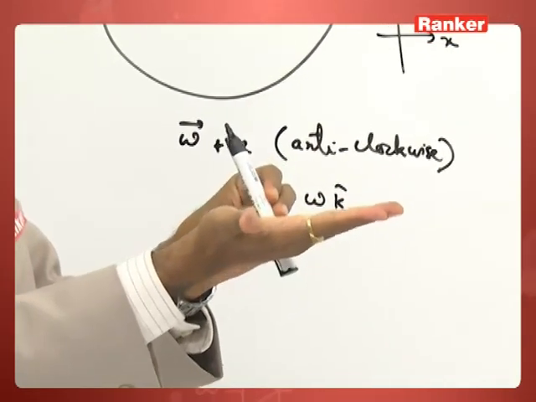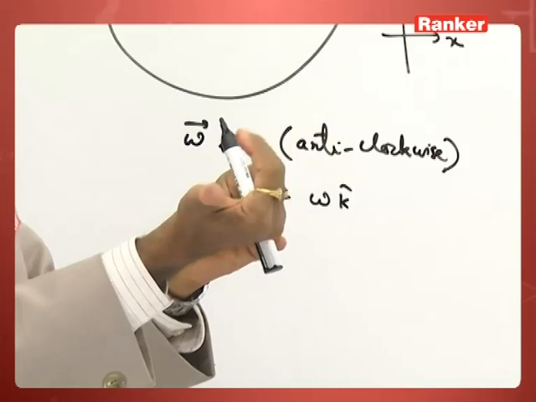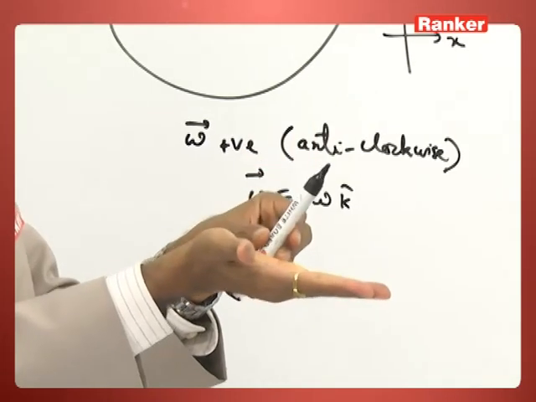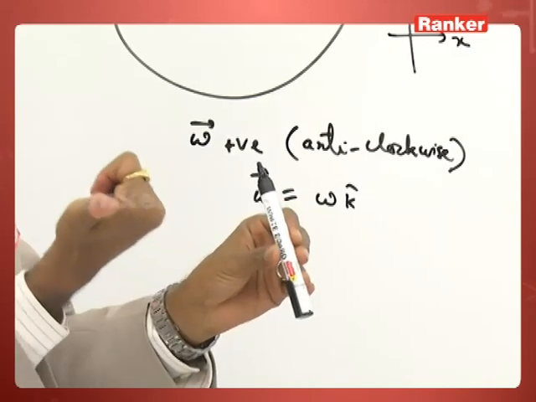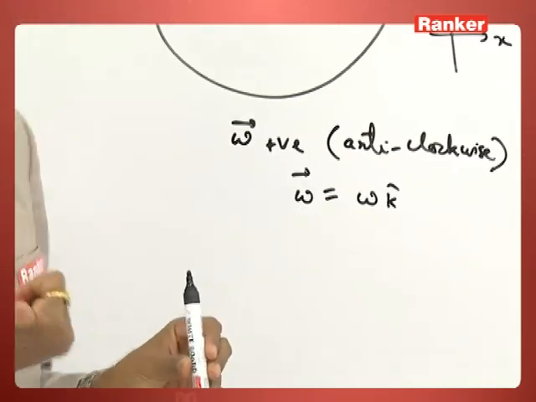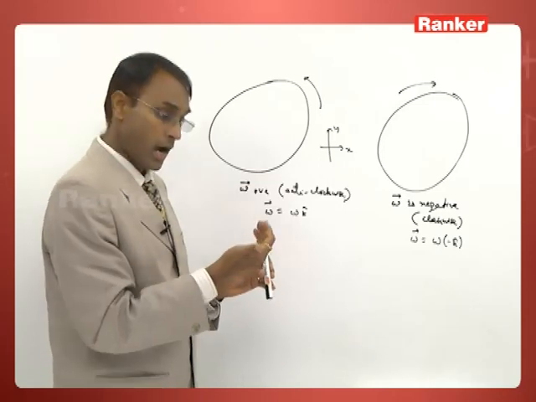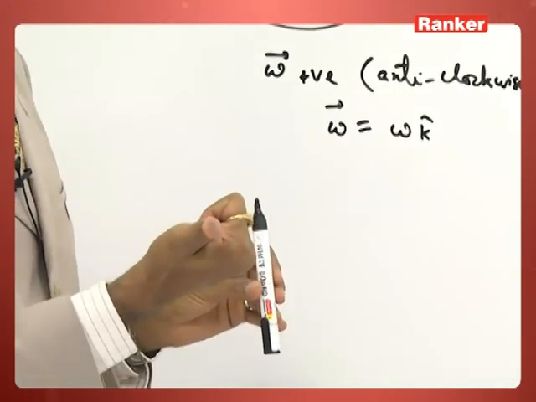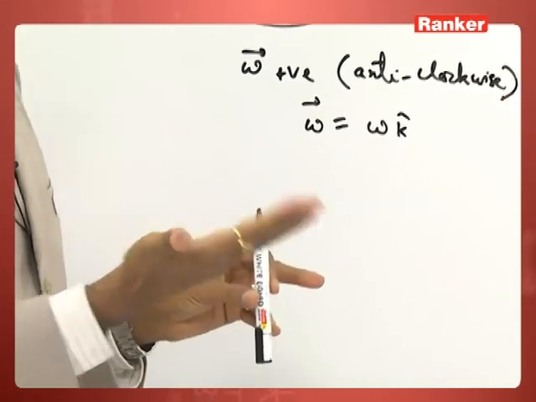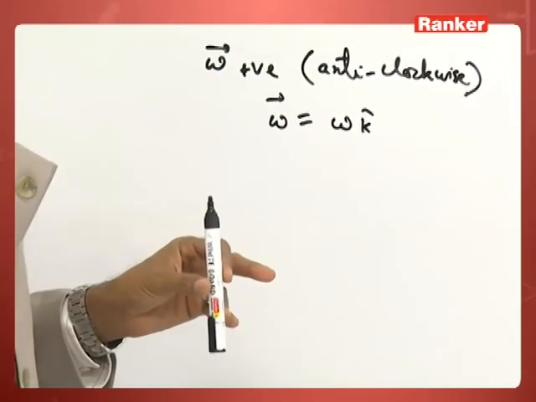When it rotates in this way, you curl the fingers in the sense of the rotation, and the extended thumb will give you the direction of angular velocity. Either you can say it is positive z direction or plus k cap, or you can say it is anticlockwise.